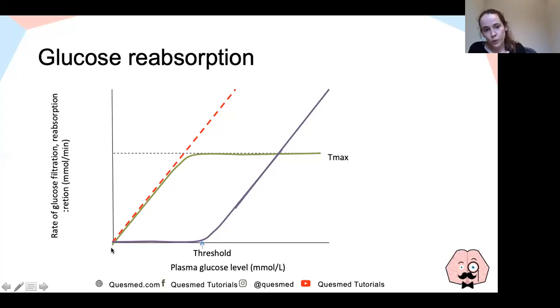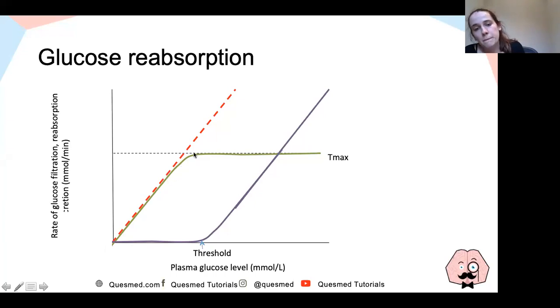What happens in the proximal convoluted tubule is we have our sodium reuptake proteins, a sodium and glucose symporter. Glucose gets transported back from the proximal convoluted tubule to the bloodstream via this symporter. So initially, all of the glucose that gets filtered gets reabsorbed into the bloodstream.